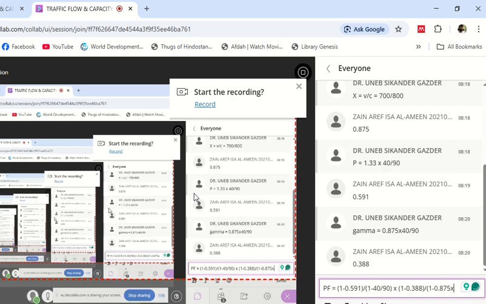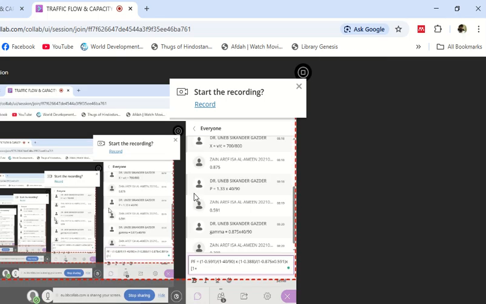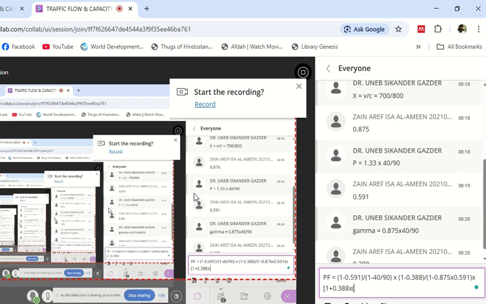What is my P value? 0.591 multiplied by 1 plus gamma 0.388, 1 minus 0.591 to 90 divided by 40. I put all this in the bracket.